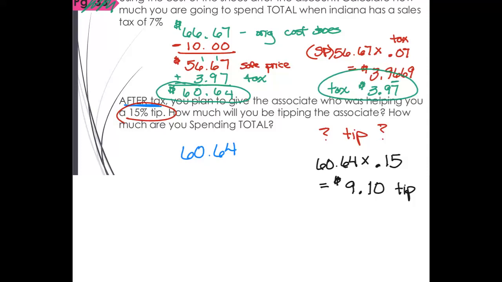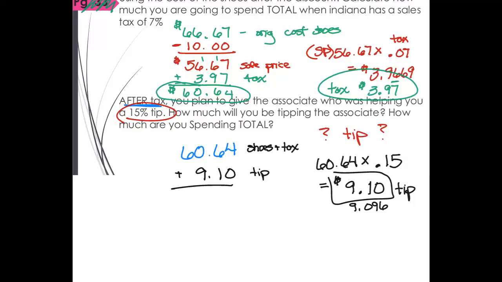It was $9.09. Perfect. So that goes to $9.10. Add that to your shoes. This is the tip. This was the shoes plus tax. And so we are talking about $69.74.